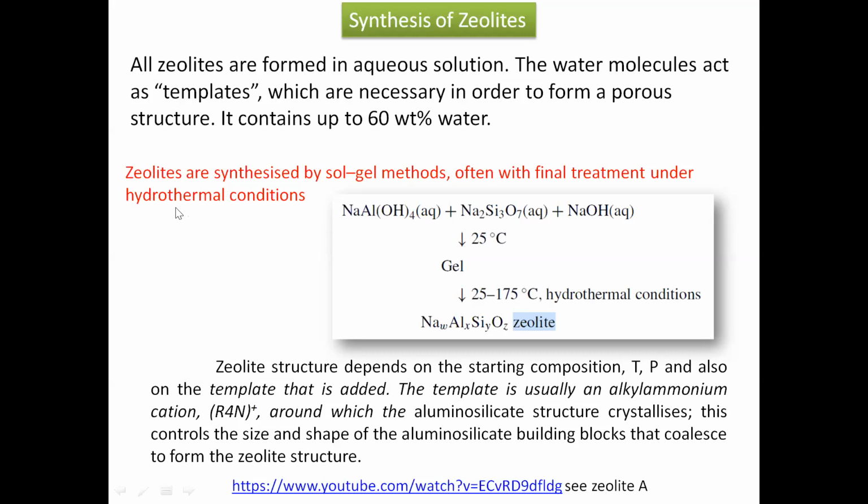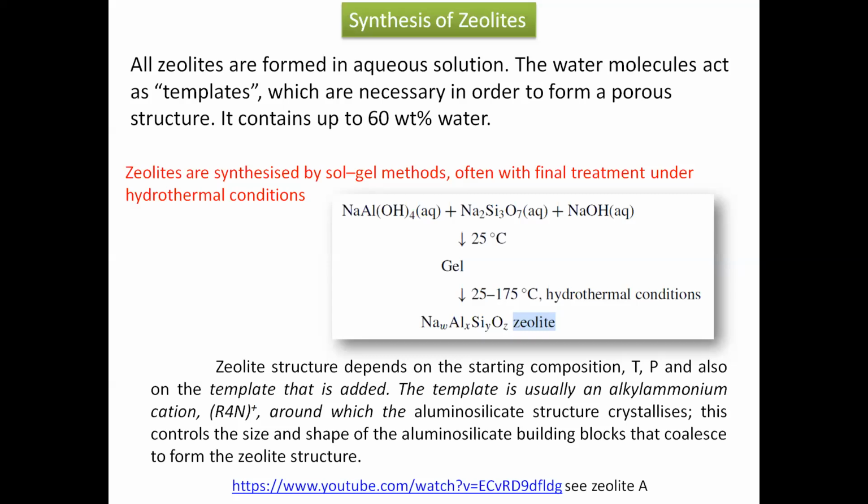So one of the methods is the sol gel method. And you get a gel, and the final treatment is under hydrothermal conditions. Once you get a gel, if you remember, we discussed the sol gel method. So you get a sol first, then you get a gel, and then on the gel you do hydrothermal synthesis to get zeolite.